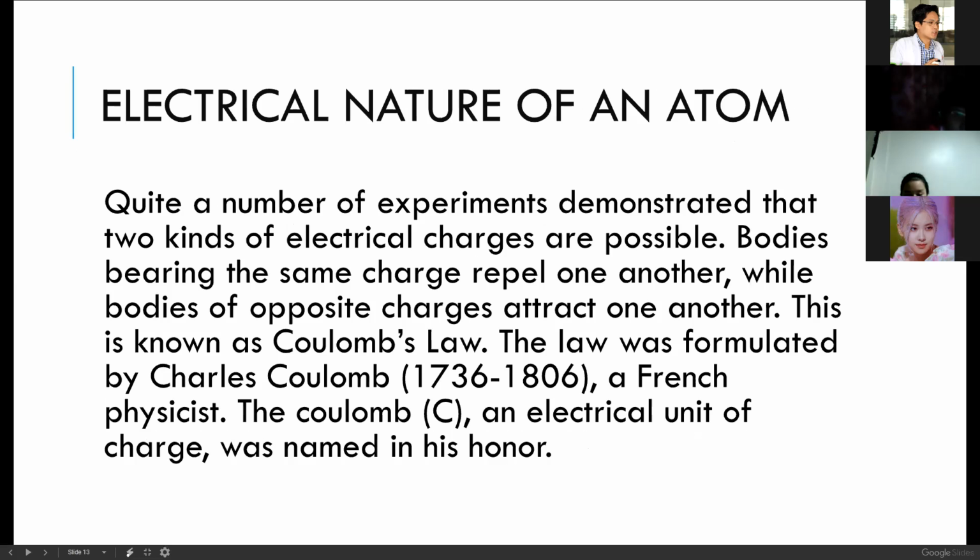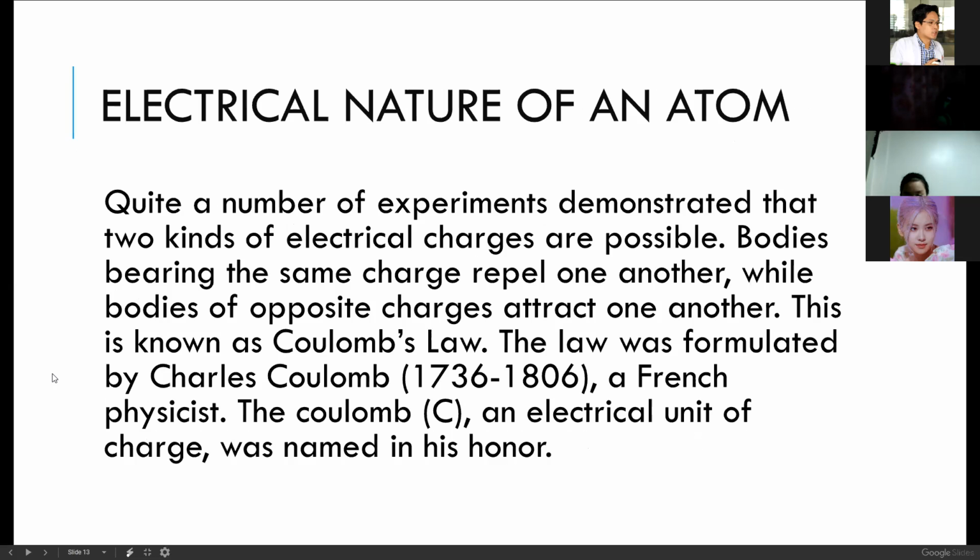Electrical nature of an atom. Quite a number of experiments demonstrated that two kinds of electrical charges are possible. Bodies bearing the same charge repel one another, just like your magnets, while bodies of opposite charges attract one another.